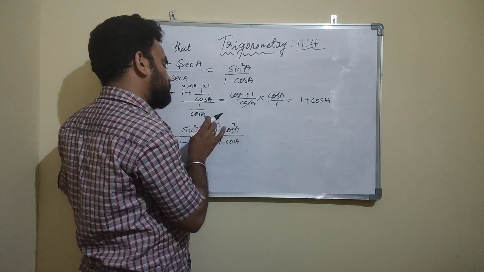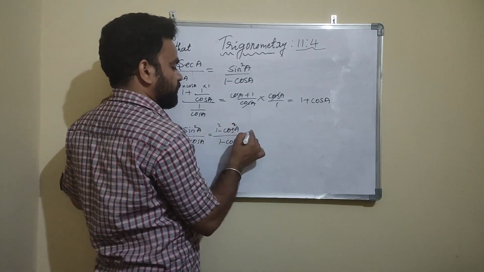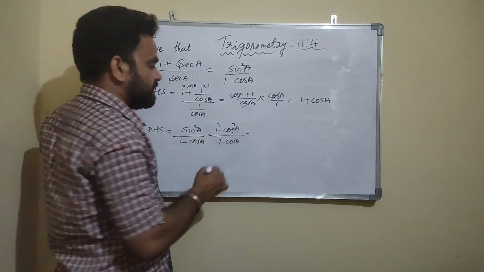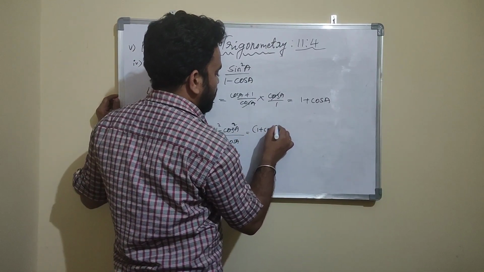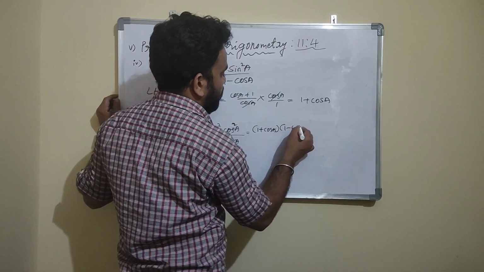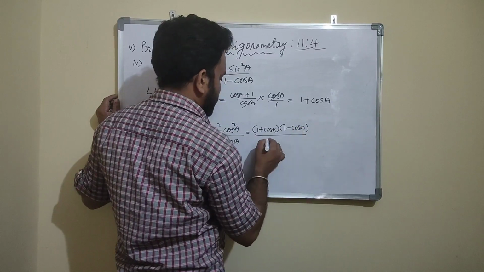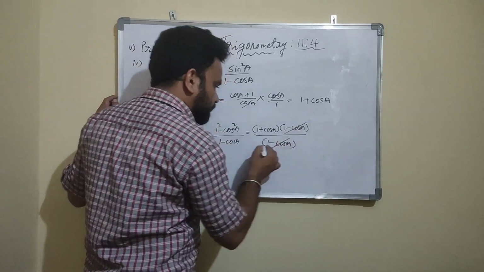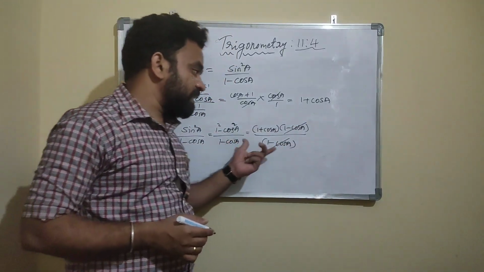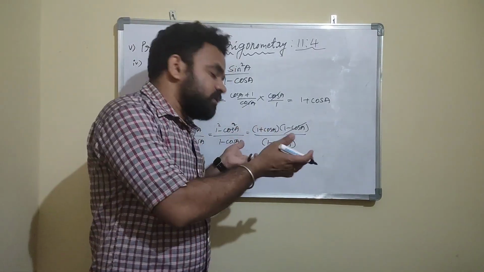Why am I taking this is in the formula, a square minus b square formula. What is a square minus b square formula? It is a square minus b square is a plus b into a minus b divided by 1 minus cos a. Here you can cancel. Now you may ask why directly you are cancelling. So we can split the terms.